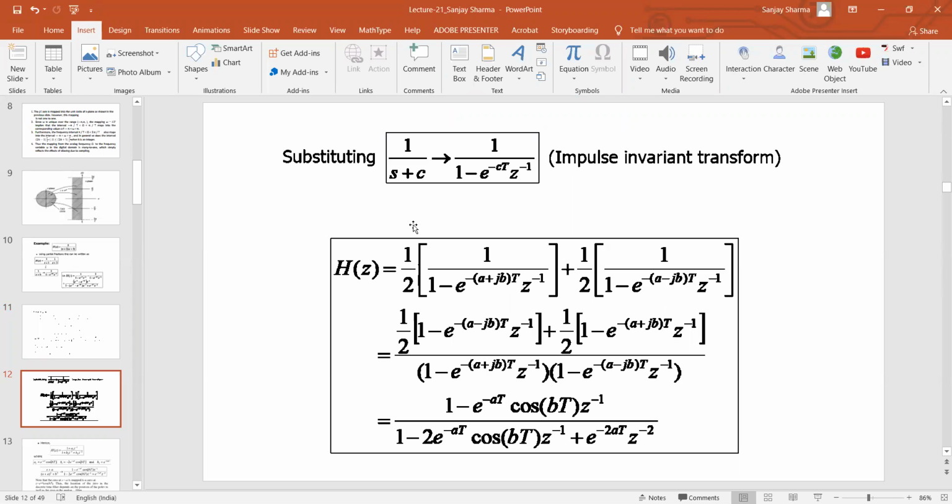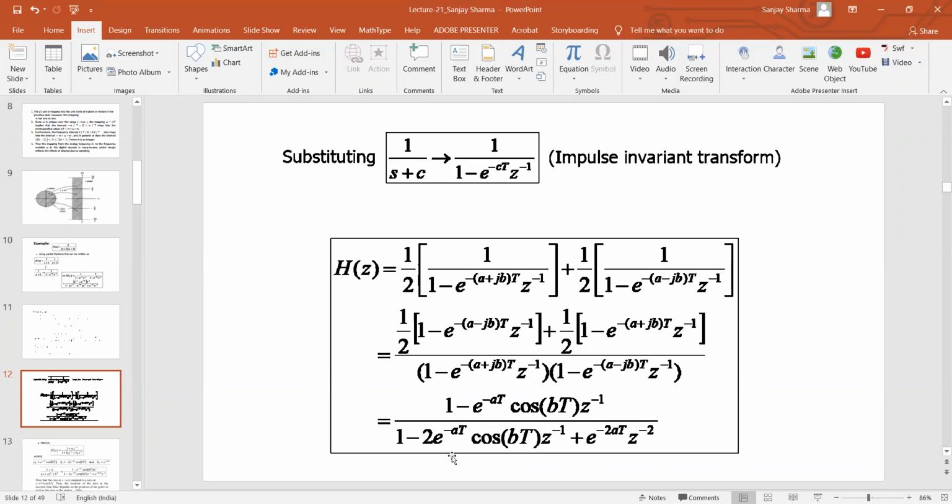I can apply this transformation, and if I solve the numerator and denominator polynomials, I will get the filter H(z), having 1 minus e to the power minus aT cos of bT as the numerator coefficient, and two other coefficients of the denominator polynomial.